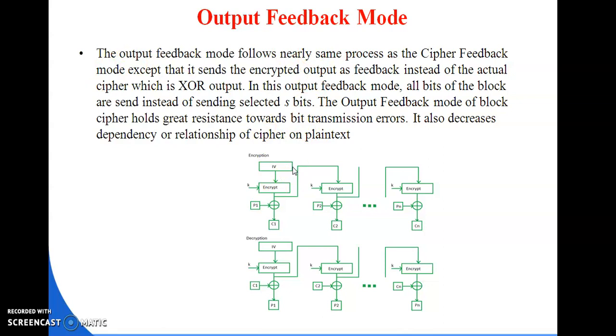But in the case of OFB, the output of the initialization vector encryption process is fed into the next stage of the encryption process. Therefore, we shall not describe the details of OFB, and instead I'll simply draw the block diagram of the OFB process.